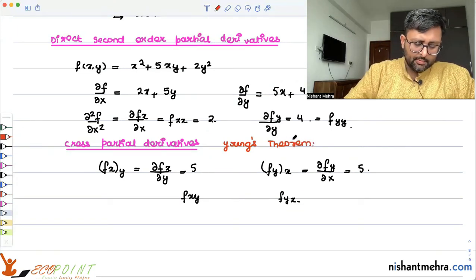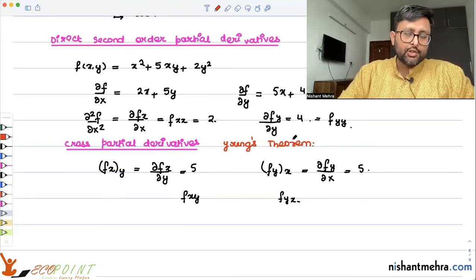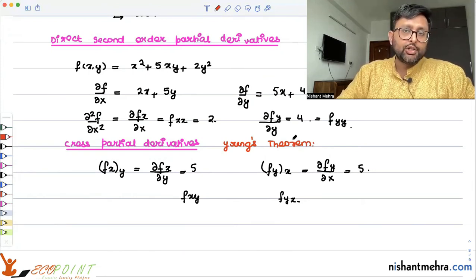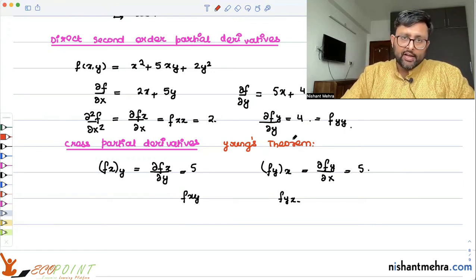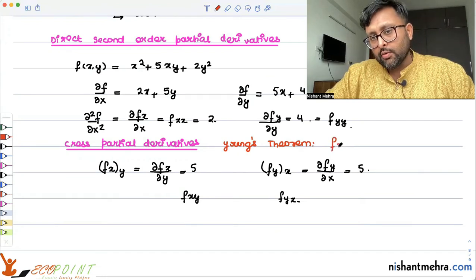Just remember about Young's theorem, that under quite general conditions, the order in which the partial derivative is conducted to evaluate the second order partial derivatives is immaterial. That doesn't matter. Whether you find out how fx is changing as y is changing, or how fy is changing as x is changing, the cross partial derivatives are equal.